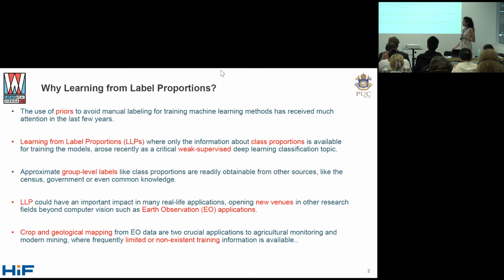Considering learning from label proportions, that is when you only have information about the proportion of the labels in your data, but you don't know what is the label of each pixel of your image. You only know that you have a certain amount of samples from one class and a certain amount of samples from the other classes, for example.